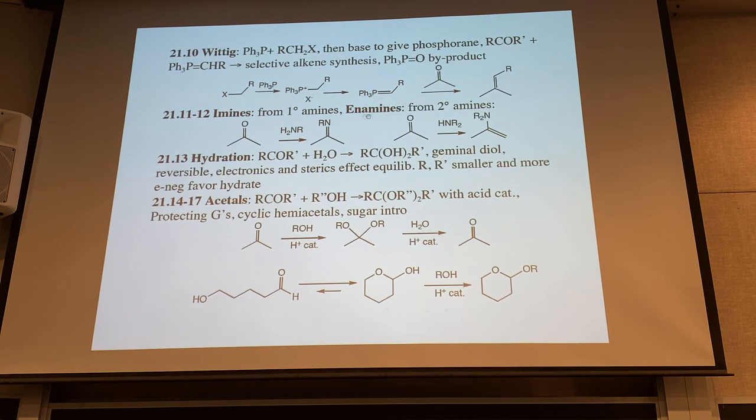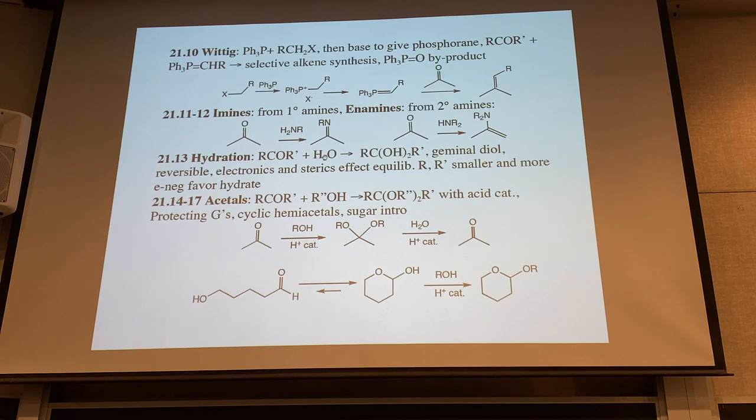And then imines and enamines from primary amines and secondary amines. We'll examine the mechanism to see why there's a divergent mechanism and a different product here. A double bond between carbon and nitrogen is an imine. A double bond between 2 carbons on the side is the product if it's a secondary amine.